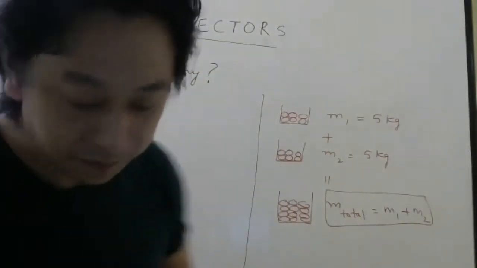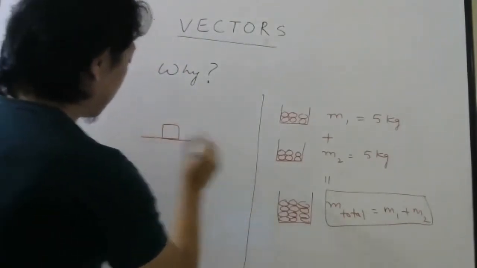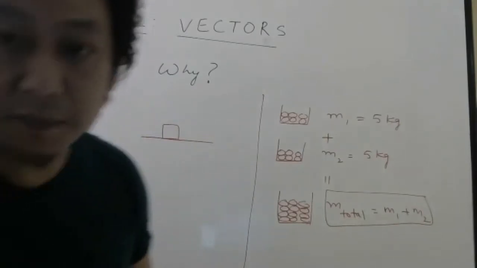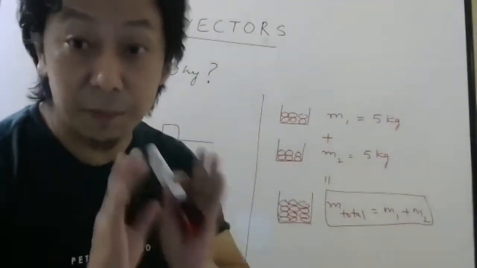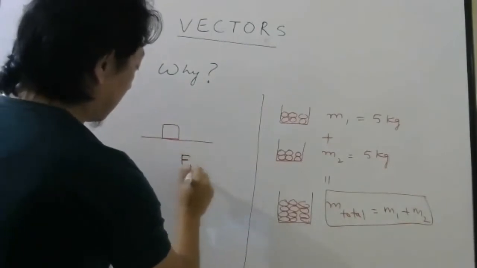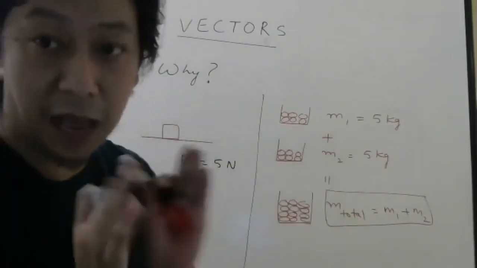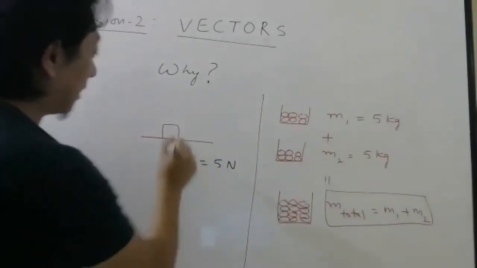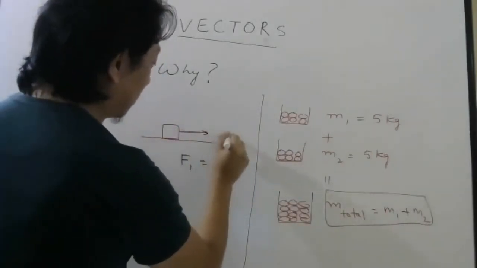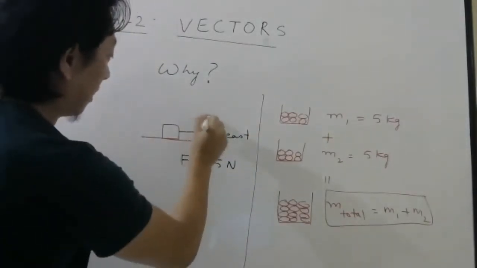For example, imagine there is some object here. Suppose I push the object with a force, which is 5 Newton. The first force that I am applying is 5 Newton, and let us say I am applying it towards east in this direction. This is your first force, F1.